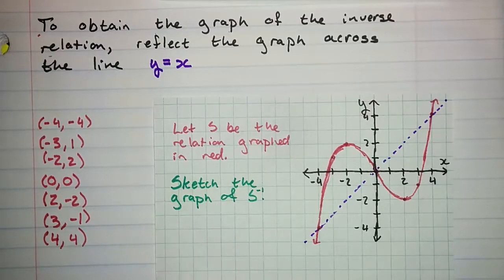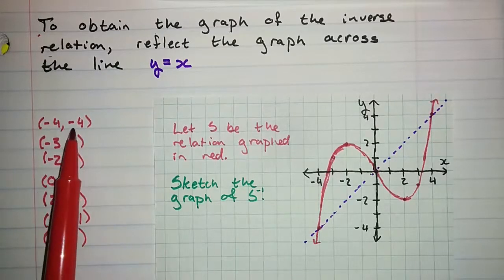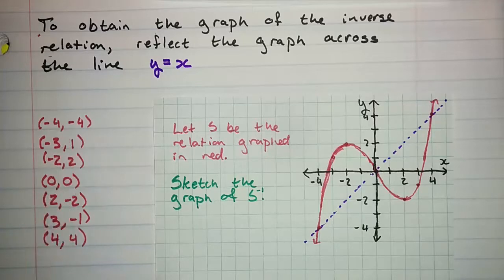And to get points on S inverse, just take the coordinates of these points and reverse them. If you haven't already sketched the graph, pause the video again and try with this hint.